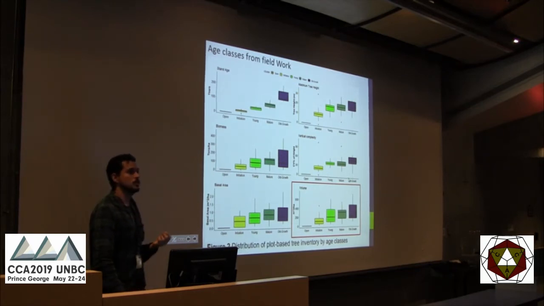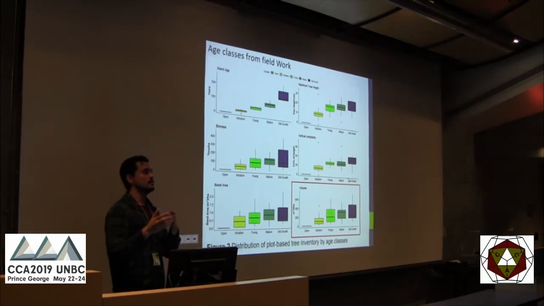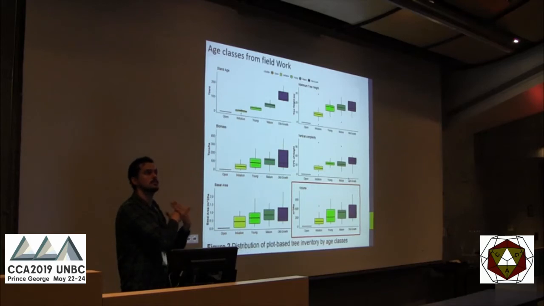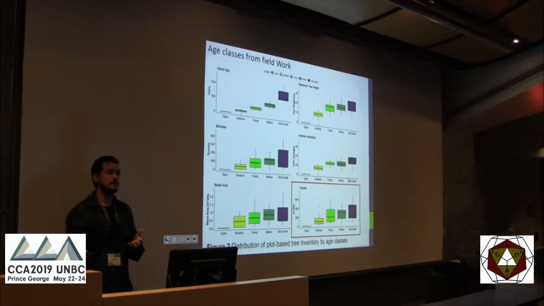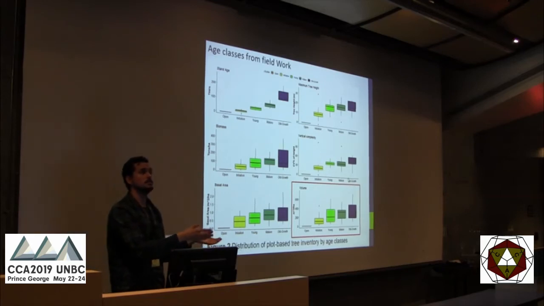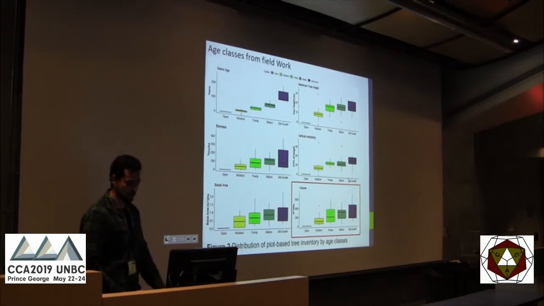And that's because when you go to the field and do age estimates, as I mentioned, you get a dominant tree out of the dominant species. And sometimes those could be just remnants from previous disturbance events. So even though you're in a plot that you should classify as young, you're measuring a tree that's very old. I have 1 or 2 trees that are very old and classified as old growth. And that's why it's very hard to tease apart.